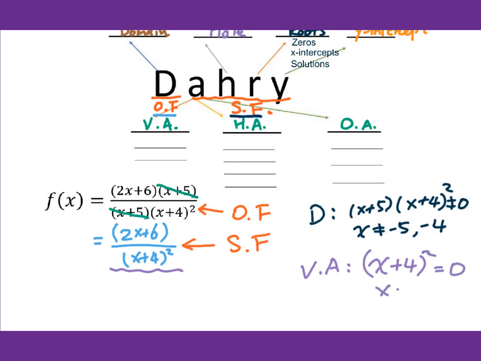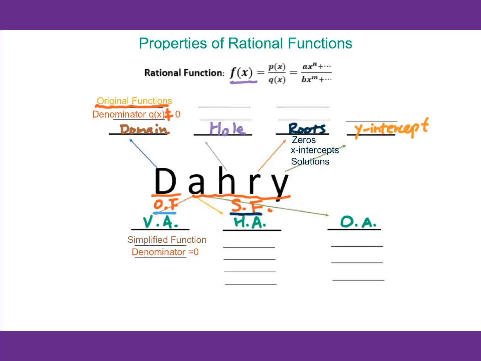Therefore, x equals negative 4 will be the vertical asymptote line. So for the vertical asymptote line of a rational function, make sure it's a simplified rational function and set the denominator equal to 0. Then x equals a constant will be the vertical asymptote line.